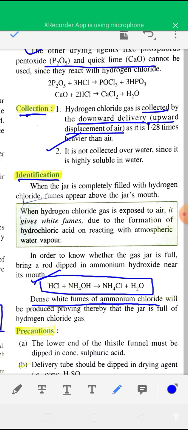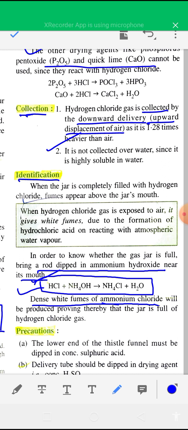In order to know whether the gas jar is full, bring a rod dipped in ammonium hydroxide near the mouth of the jar. If dense white fumes are formed, then the gas is hydrogen chloride gas and the jar is full of hydrogen chloride gas.